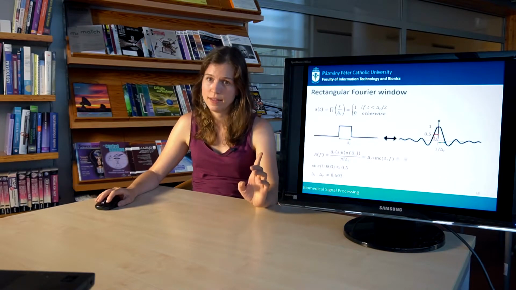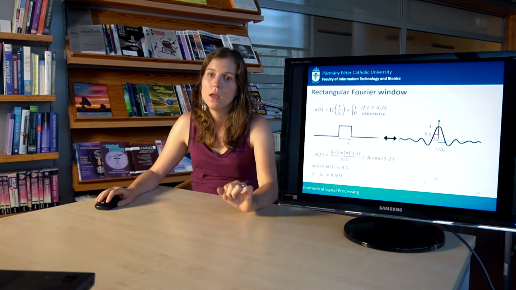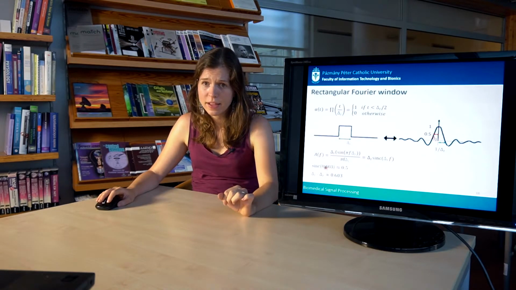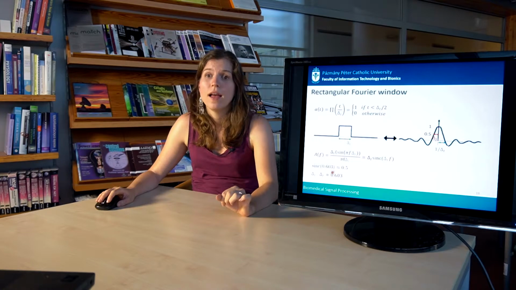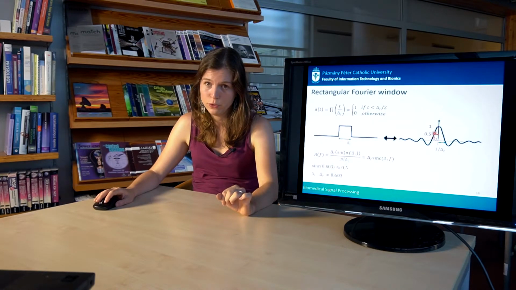If I say that delta t, so the height here, is 1, it will mean that you have this drop at 0.603, and this will be the value of this resolution.